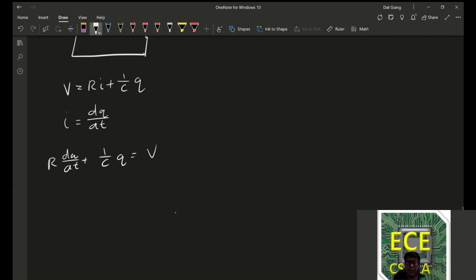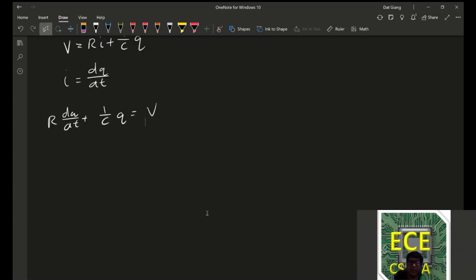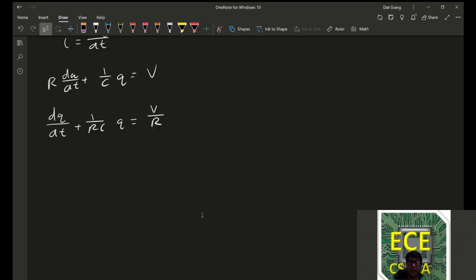Now, if you notice, this looks like a first order linear DE form, but we have to do a few things first. One, we have to divide R to both sides. We get dq/dt plus 1 over RC Q equals V over R. In this case, V over R is just current, which matches with this situation here.